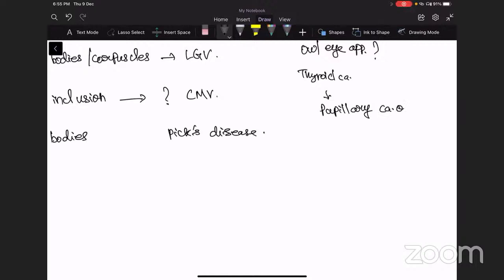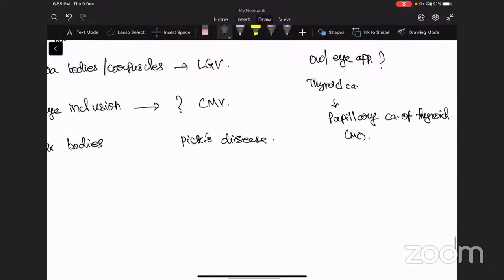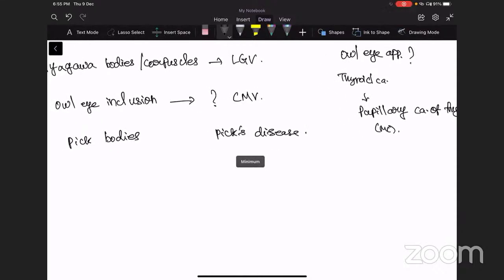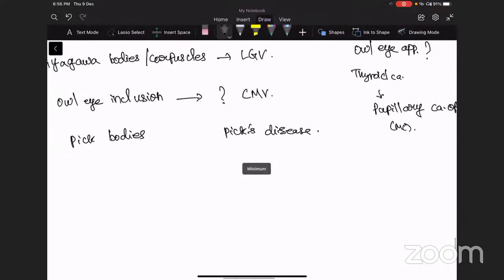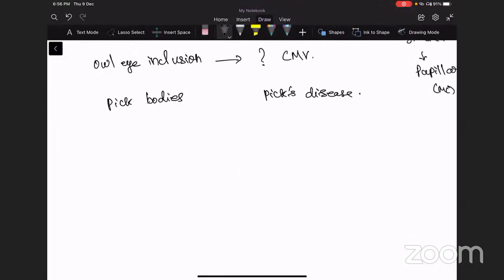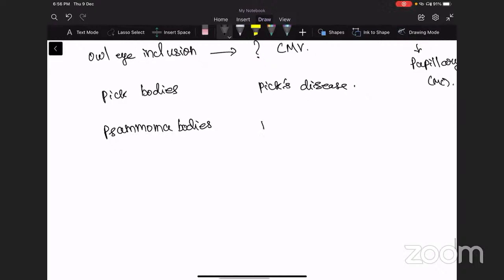Papillary cancer of thyroid, and it is the most common cancer of thyroid. Yes, owl's eye inclusions, Reed-Sternberg cells are seen in Hodgkin's lymphoma, correct. Psammoma bodies are seen in papillary cancer, thyroid.